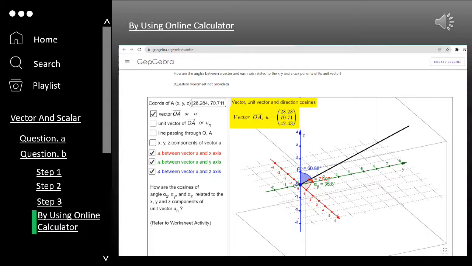This website can only input 2 decimal places. So we input 28.28 for I, 70.71 for J, and 42.43 for K. And the resultant shown by this website is the same as we manually calculated before.